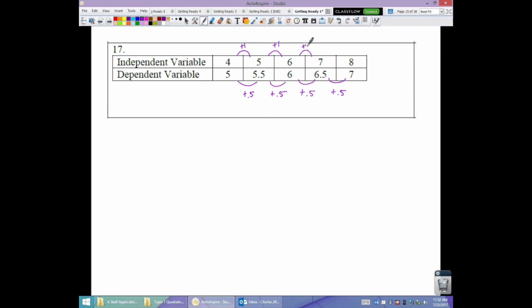Sometimes you have a random smattering of x and y values, so you would have to actually look at each delta y, in this case they're all 0.5, and divide it by its corresponding delta x. So in this case they're all 1. So yeah, my rate of change does turn out to be 0.5 or 1/2. But just be careful that your table is counting by a consistent measure before you jump to that conclusion.